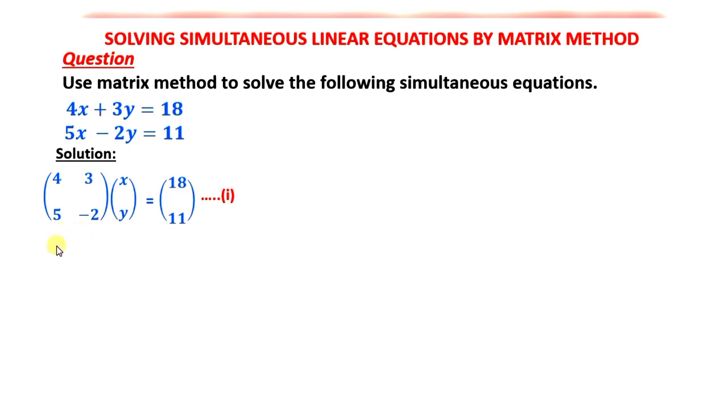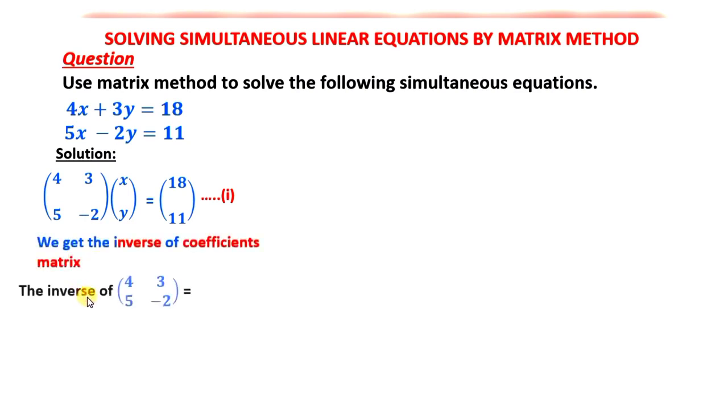The next thing, we are going to pre-multiply the left hand side and the right hand side of equation 1 by the inverse of the coefficients matrix. And before we do that, let's get the inverse of the coefficients matrix. The inverse of the coefficients matrix will be obtained as 1 over the determinant of the coefficients matrix times the matrix that will obtain when you interchange the positions of the elements of the leading diagonal, that is 4 and negative 2.